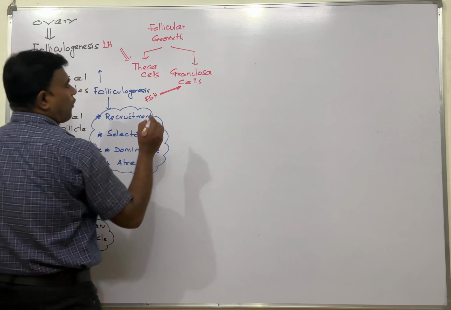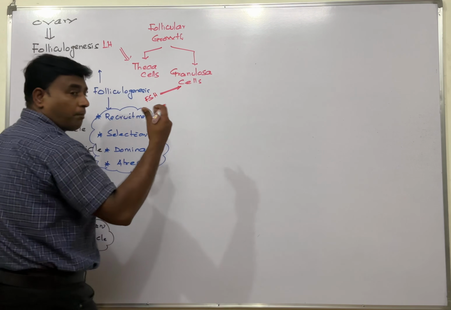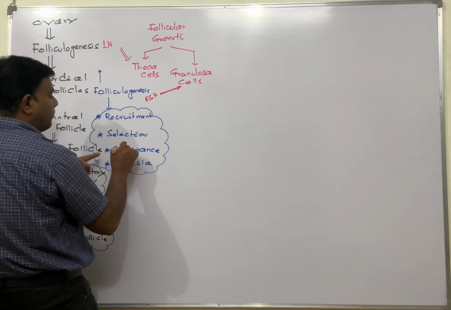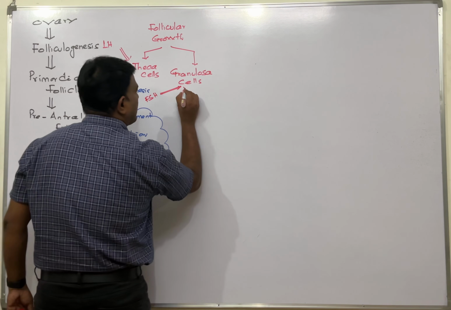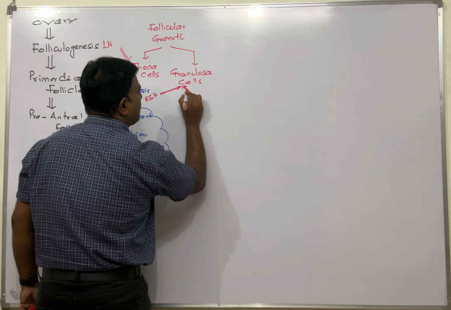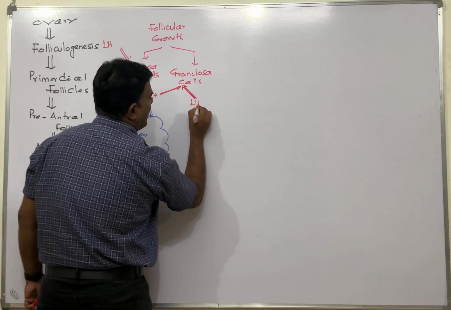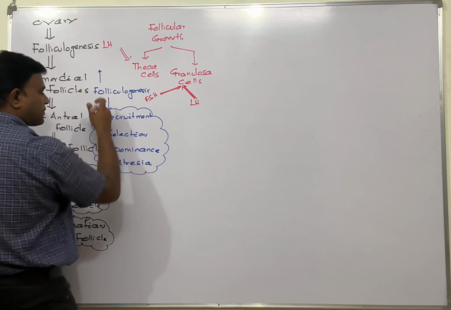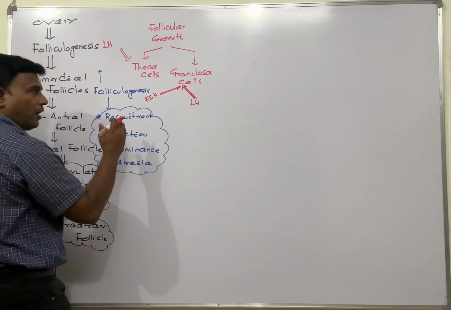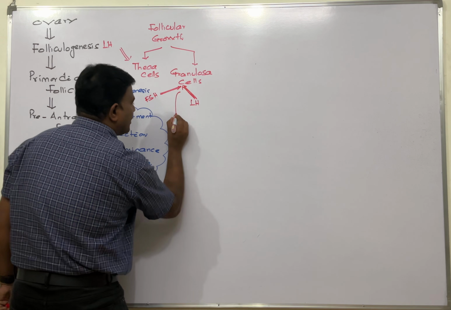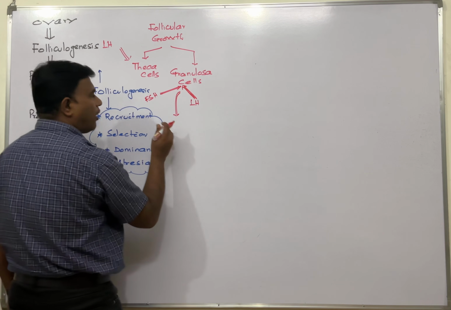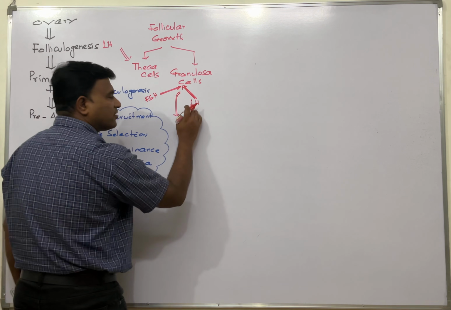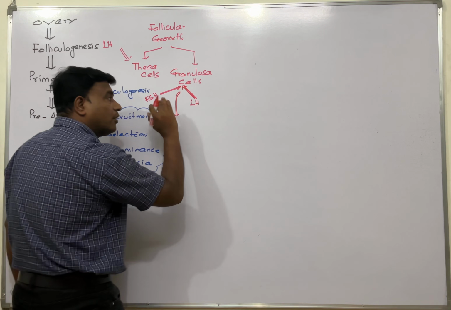So during the time of follicular growth, till the part of ovulation, when a dominant follicle is formed, granulosa cells also develop sensitivity for LH. Under the influence of FSH, these follicular growths occur, but the granulosa cells gradually mature to form LH receptors in a trend-wise manner.